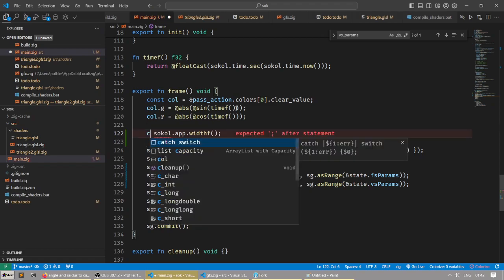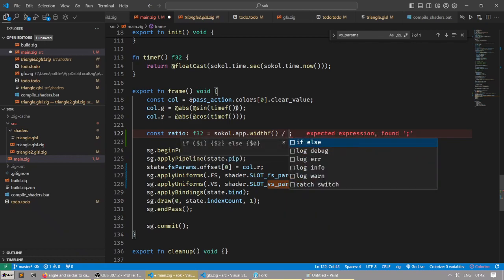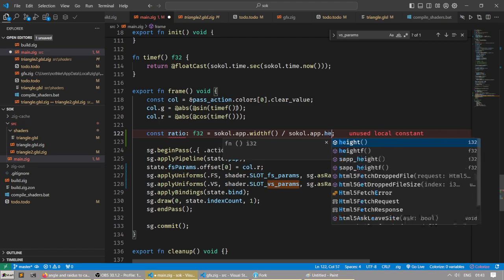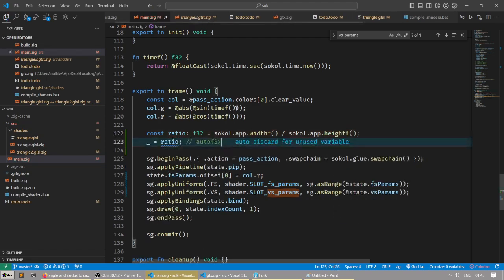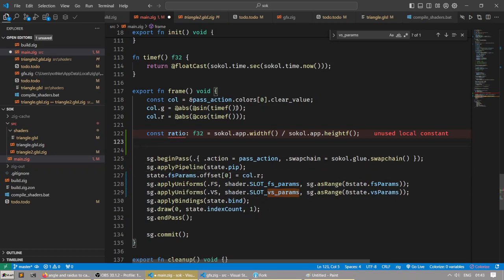So we need to calculate the ratio, and const ratio F32 is going to be width divided by height, right? Sokol app height F. Okay. And now that we have the ratio, we're going to override state VS params.